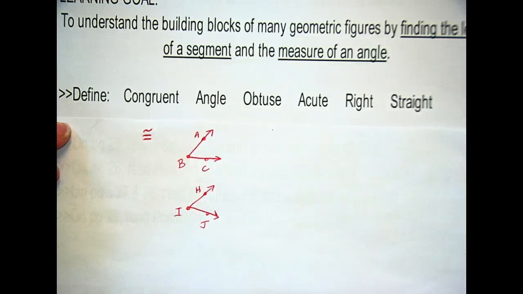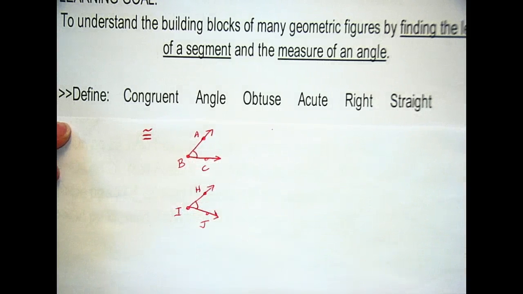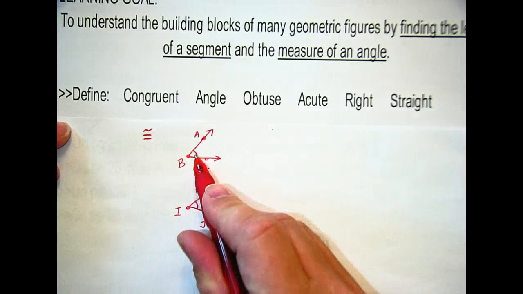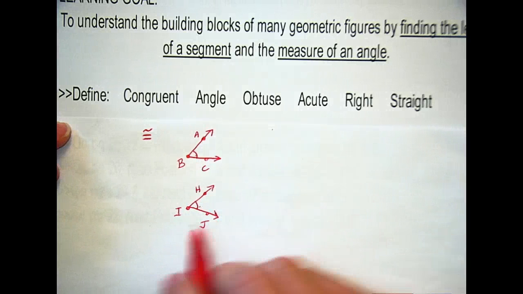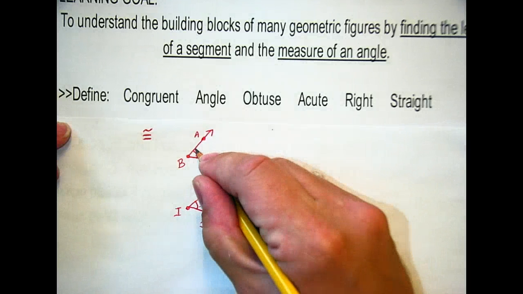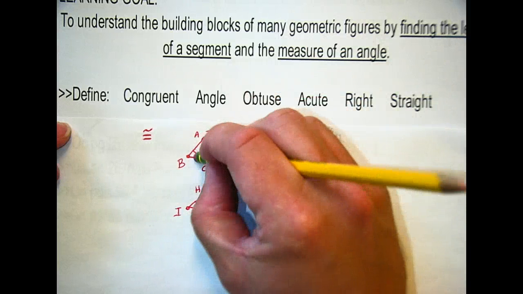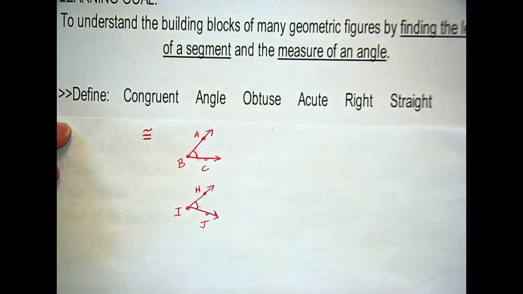Okay. If those two angles were congruent, we'd show that with a little mark like that in there. If this one has one arc and that one has one arc, then that means they're congruent. The ones with the same number of arcs in it. If this had two arcs and that one had one arc, now it wouldn't be congruent. Okay. However, since it has that, they are.